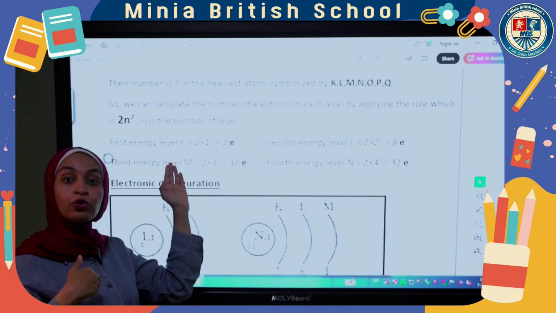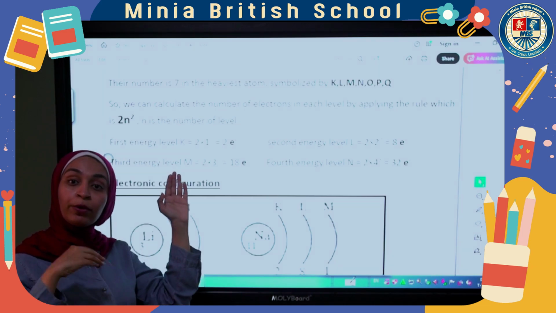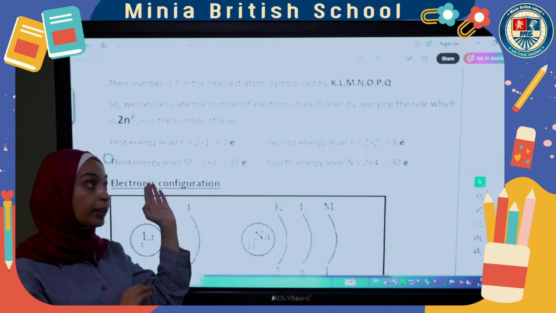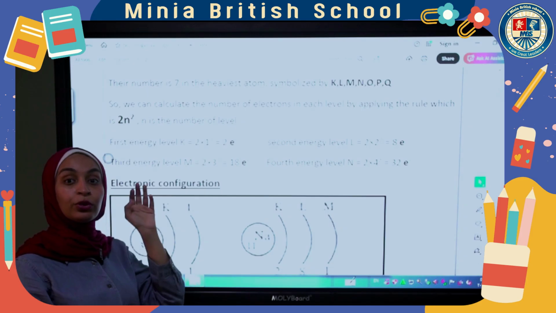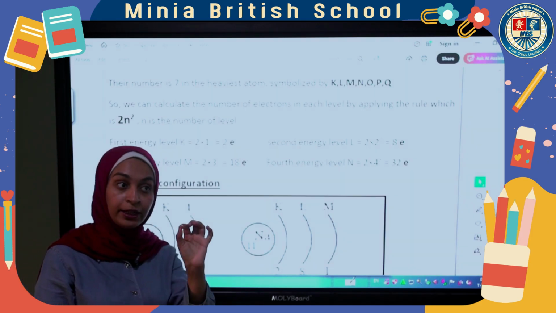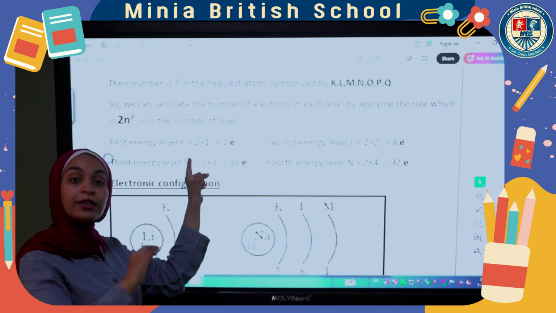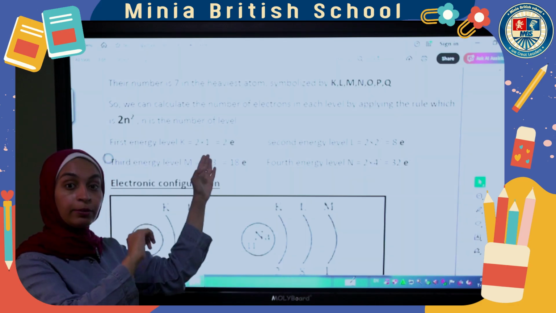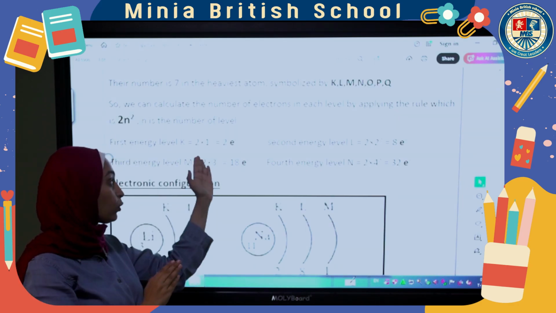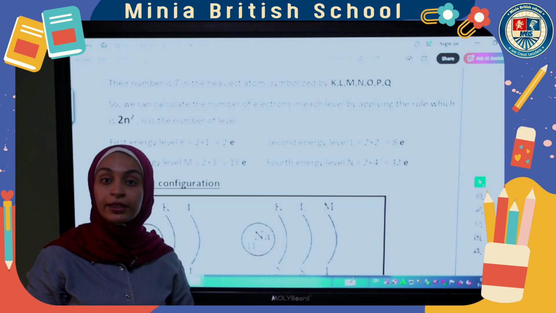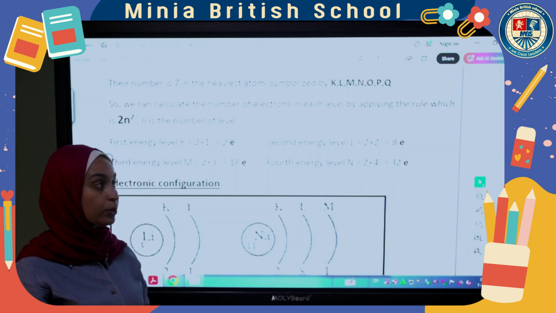So if I want to know the number of electrons that saturates the K level, I will apply this rule 2n^2, where n represents the number of the level. Because K is the first level, I will write 2 times 1^2 equals 2 electrons. So K is saturated with 2 electrons.